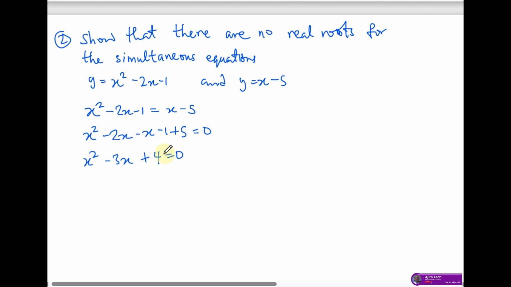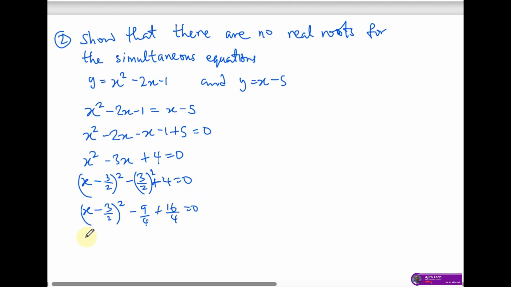I don't think I can factorize this. I can complete the square here. X negative, half of this is 3 over 2, all squared, minus 3 over 2 all squared, plus 4 is 0. X minus 3 over 2 squared, this is negative 9 over 4 plus 16 over 4 is 0.